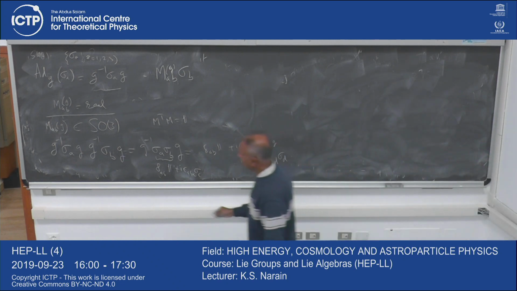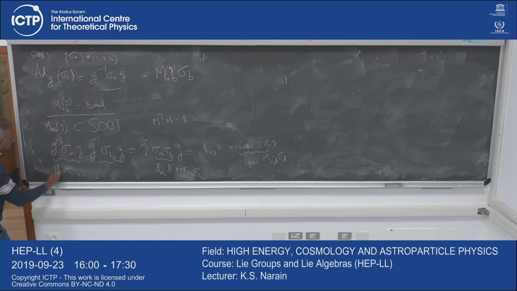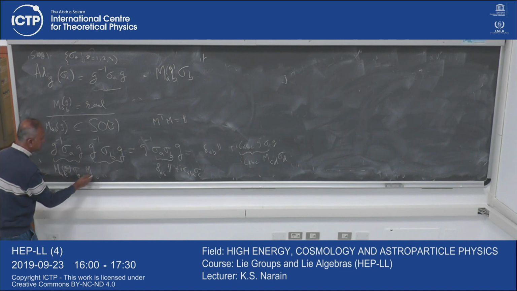But on the other hand, I could have used this relation already here. Each of them, so this one is MA, now I shouldn't use B here, something else, let's say E, G, sigma E, and MB. So these are numbers, and so the 2 by 2 matrix is just this.